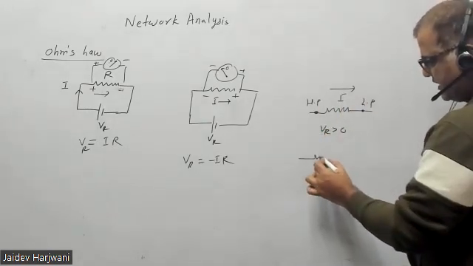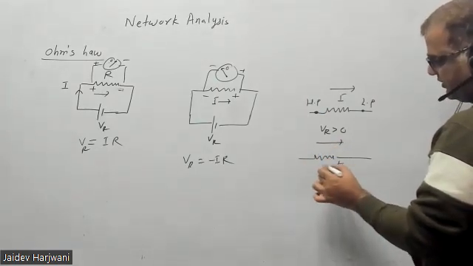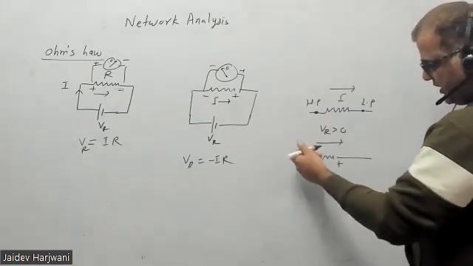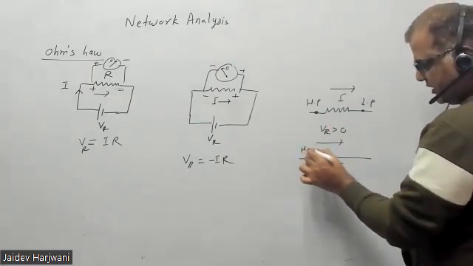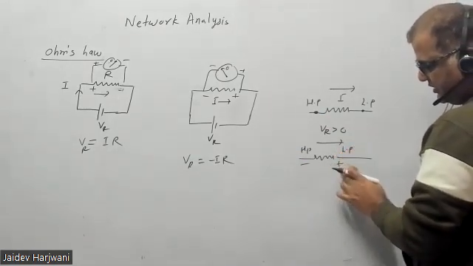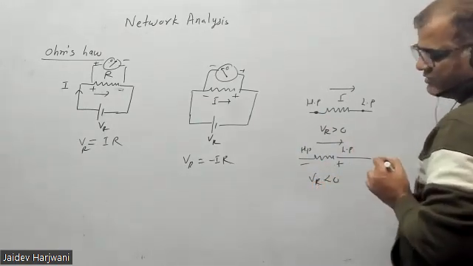Now same resistance, current is flowing in this direction, but you are measuring voltage like this. Now because current is moving in this direction, this is your higher potential and this is your lower potential, but you're trying to measure the voltage here, this minus this, so this will come negative. Voltmeter will show negative values.